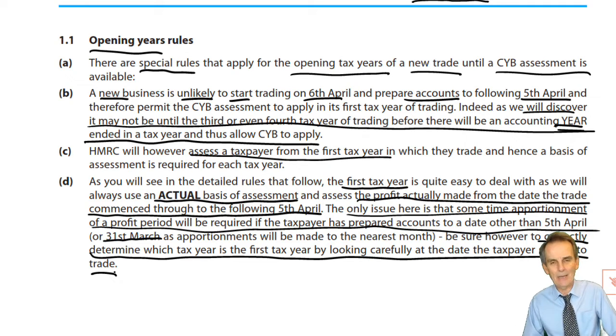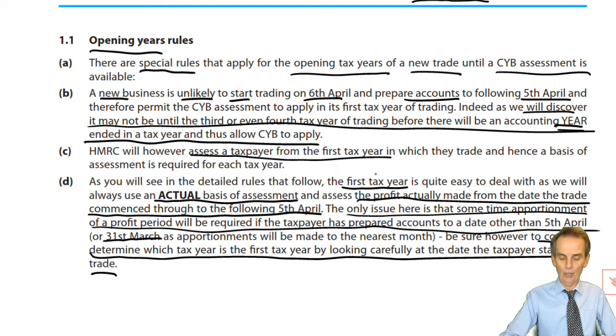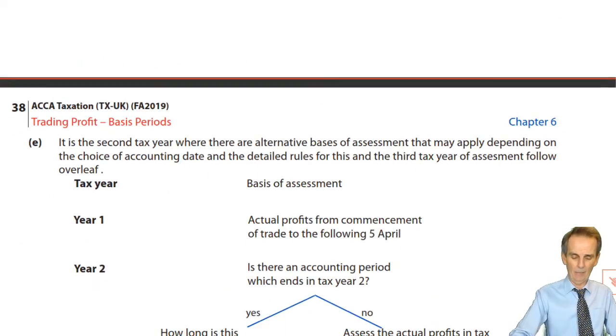Now, it may seem very obvious that the start date will fix the first tax year, and it should be obvious what that tax year then is. But it's amazing how in an exam circumstance, it is very easy to make a silly mistake there, as I'll point out to you with the examples that we will do. So the first tax year is simply, actual basis, start date to the following 5th of April.